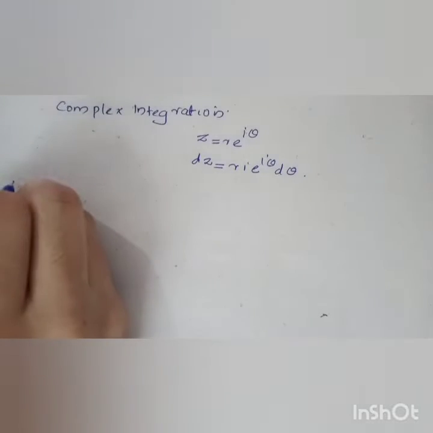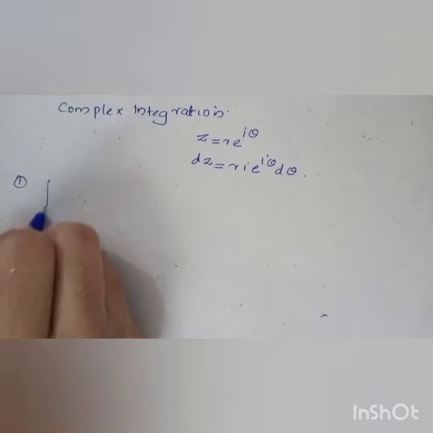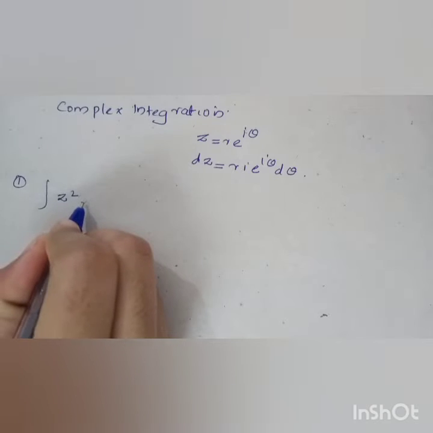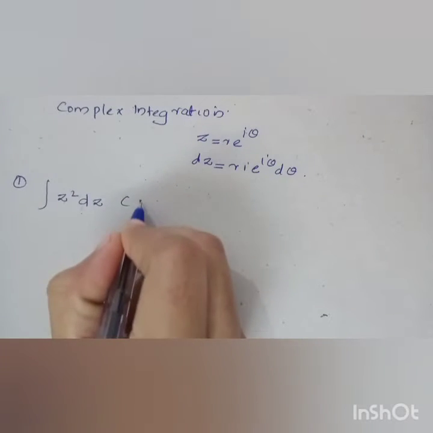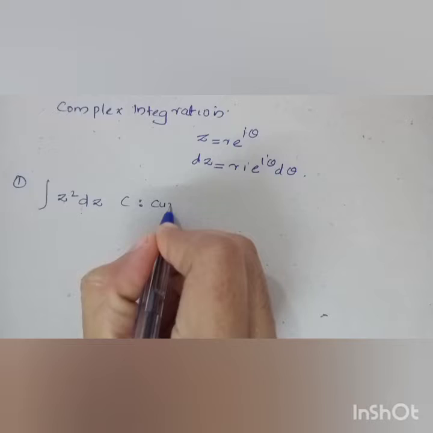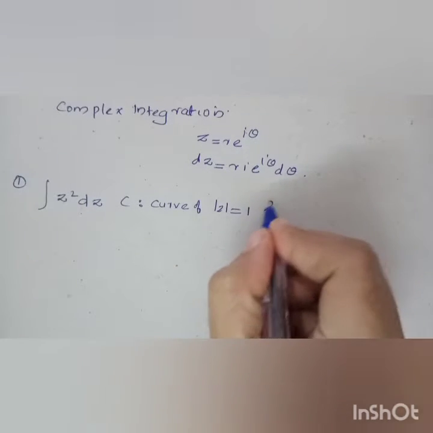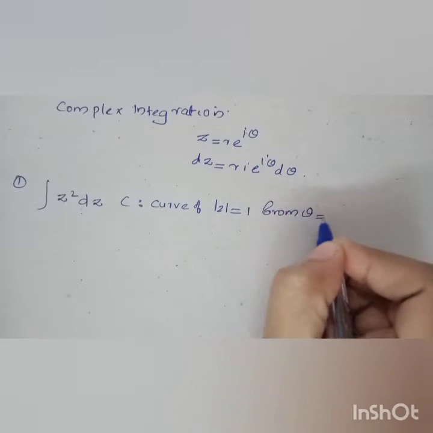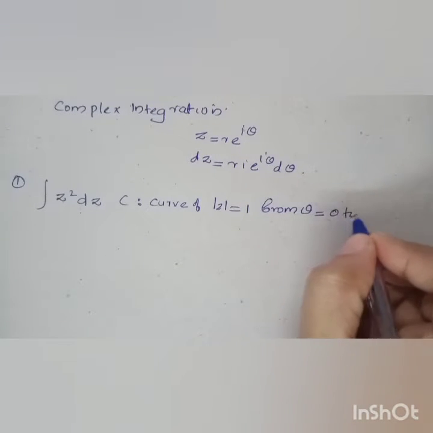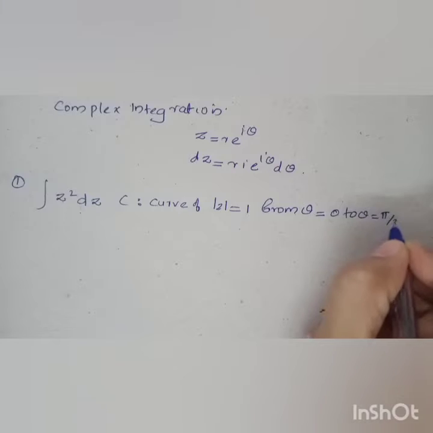So first problem: integral z square dz, on the curve such that mod z is equal to 1, from theta equal to 0 to theta equal to pi by 3.